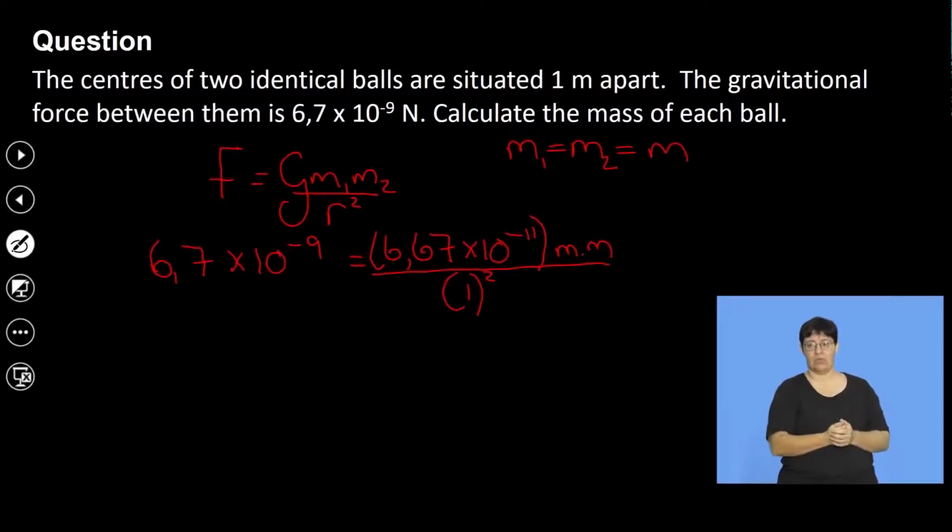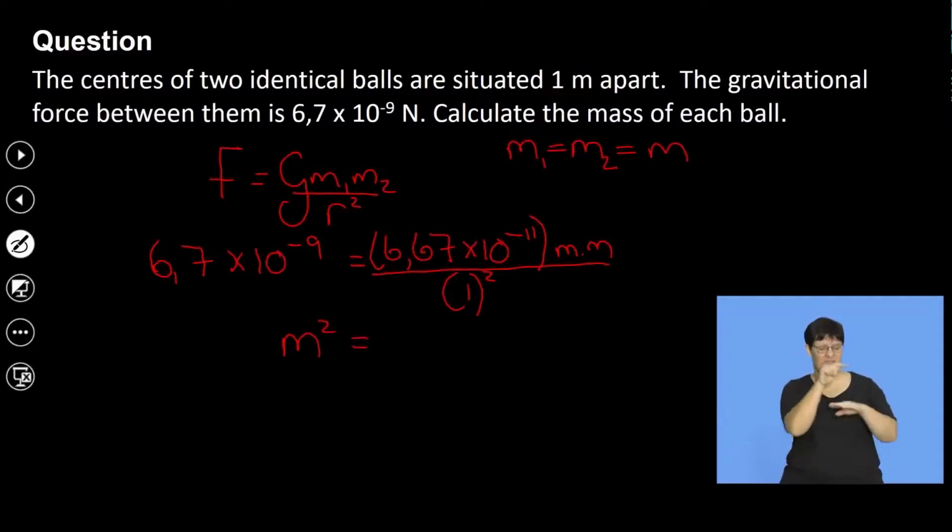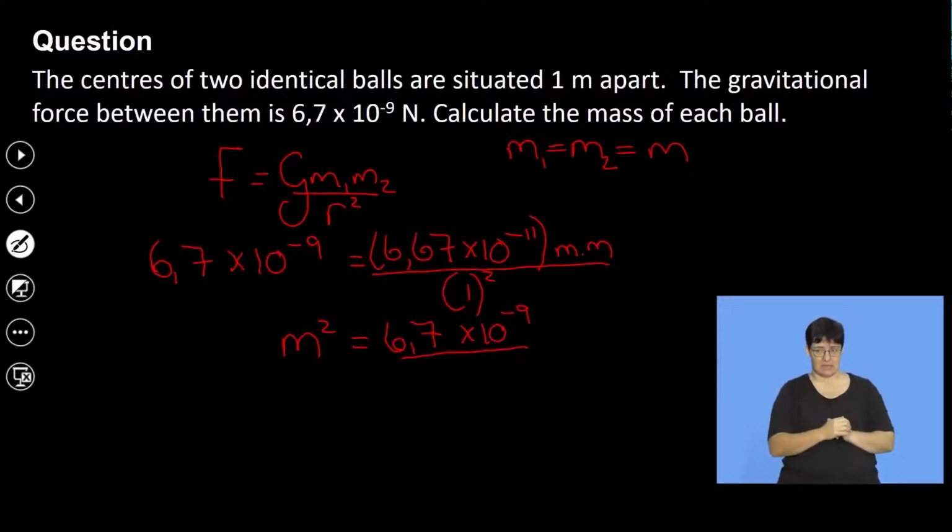Okay, so m times m is m squared. I'm going to divide both sides. 1 squared is 1, so I can ignore it. I'm now going to go 6,7 times 10 to the minus 9 divided by 6,67 times 10 to the minus 11. Ooh, that's an 11, by the way.